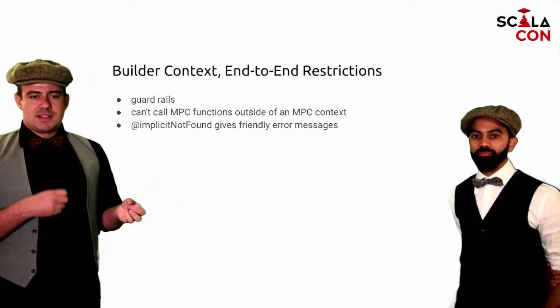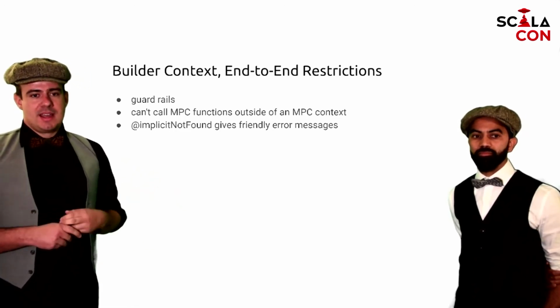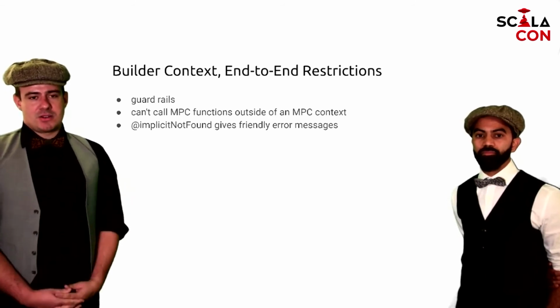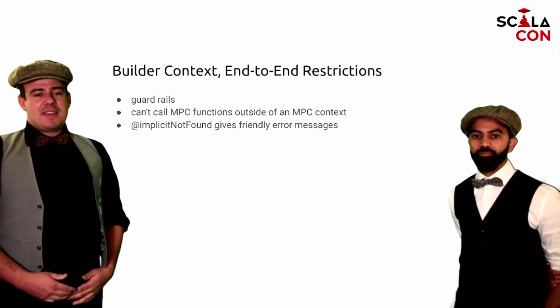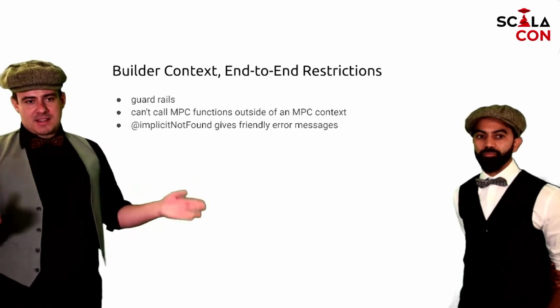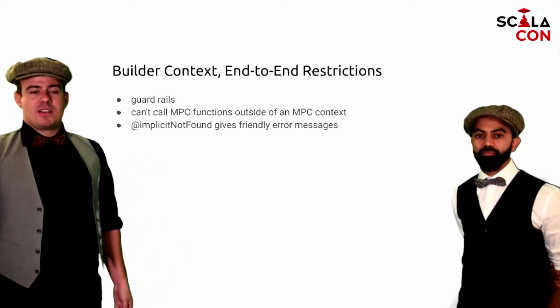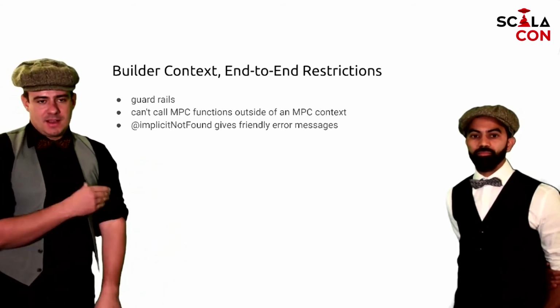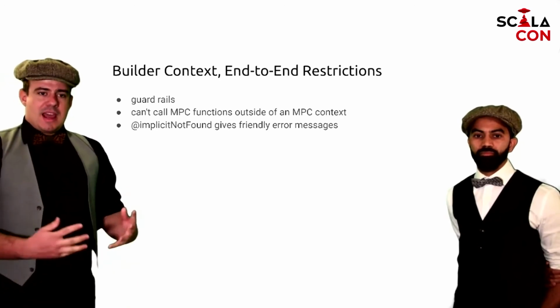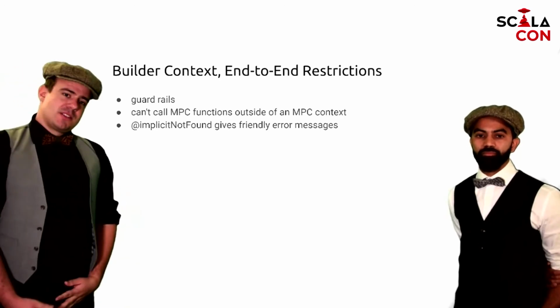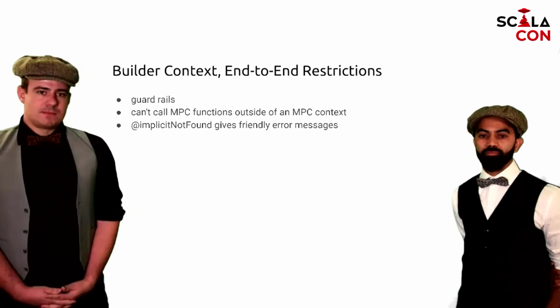When are you using the DSL? When can you use regular Scala? Here, this really demarks a boundary. And finally, of course, if you pair that with implicit not found and the flat user interface we wrote, you can get very good error messages that really make you feel like you're working with an external DSL.